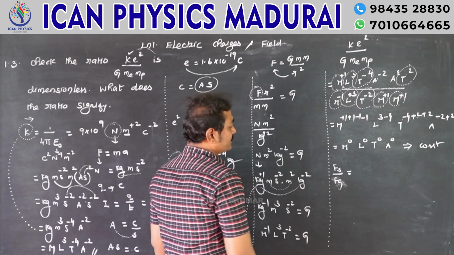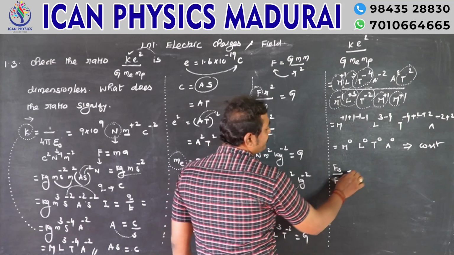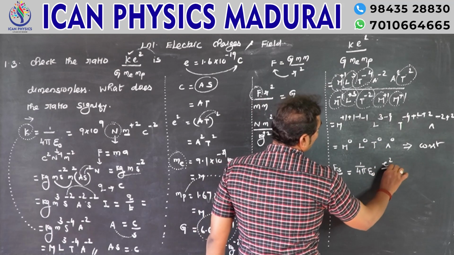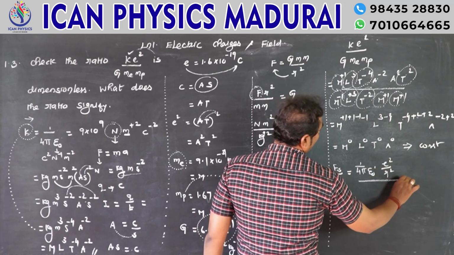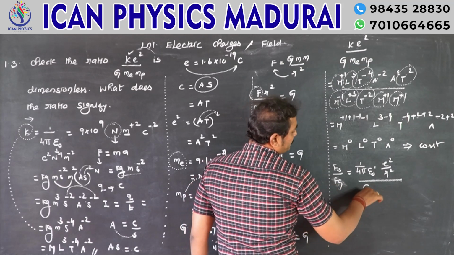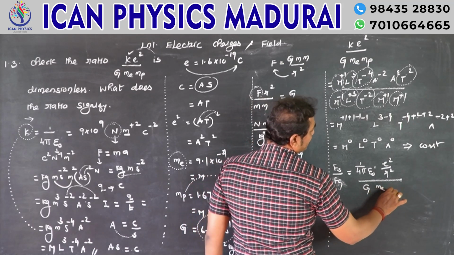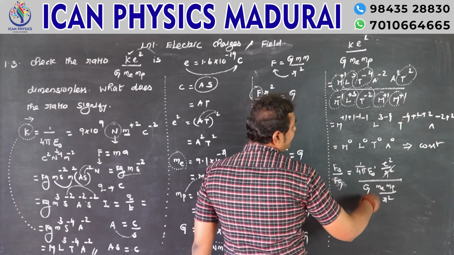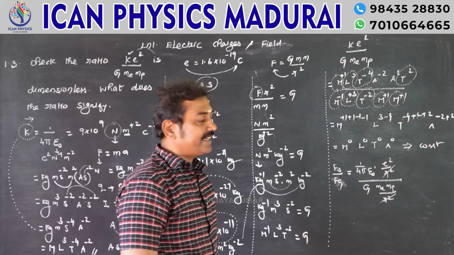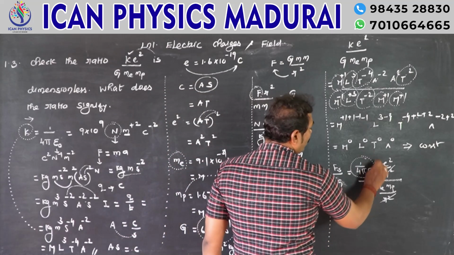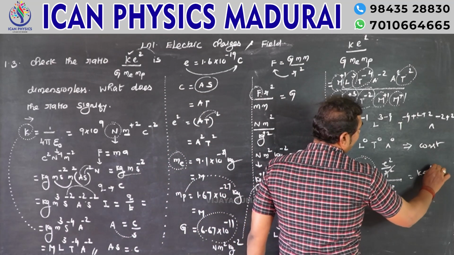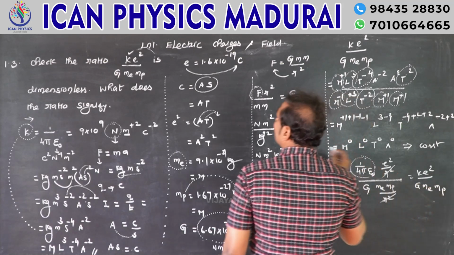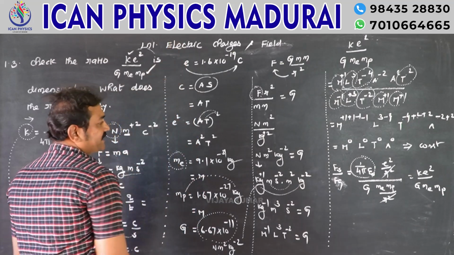Electrostatic force is 1 by 4 pi epsilon 0 e squared by R squared, divided by G into mass of electron into mass of proton divided by R squared. So when the distance is a constant, then we can cancel. Then we can go for 1 by 4 pi epsilon 0, that is Ke squared by G into Me into Mp. So once again we are getting the same expression.